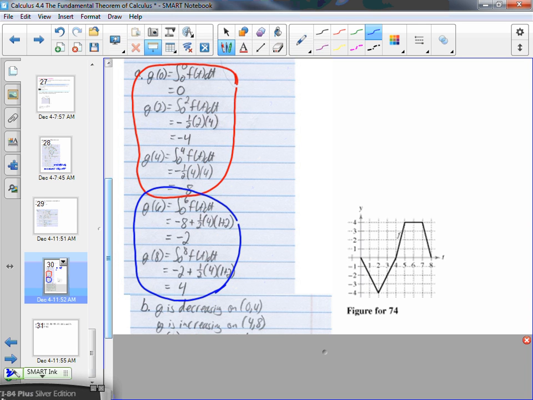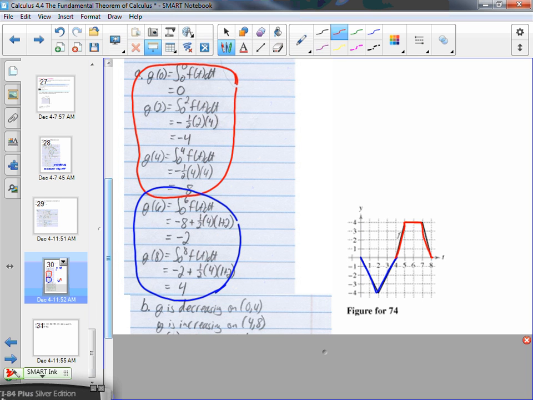If g is the antiderivative of f, f's the derivative of g. Well, look what f is. It's negative. So doesn't g have to be decreasing? And then look what f is. It's positive. So doesn't g have to be increasing? Okay? So that's how we answer that.